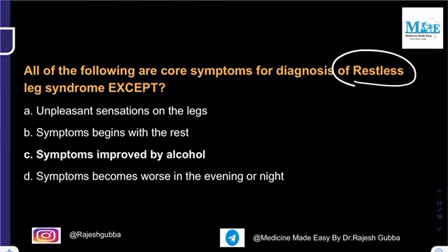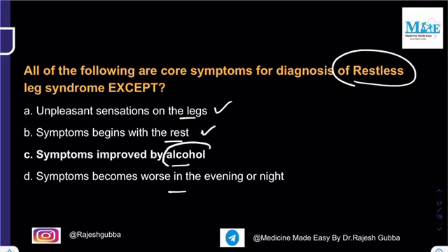The last question is about restless leg syndrome. All of the following are core symptoms for diagnosis of restless leg syndrome except: unpleasant sensation in the legs, symptoms begin with rest, symptoms improved by alcohol, symptoms become worse in the evening or night. The symptoms are very unpleasant sensations within the legs, and yes, they begin with rest.